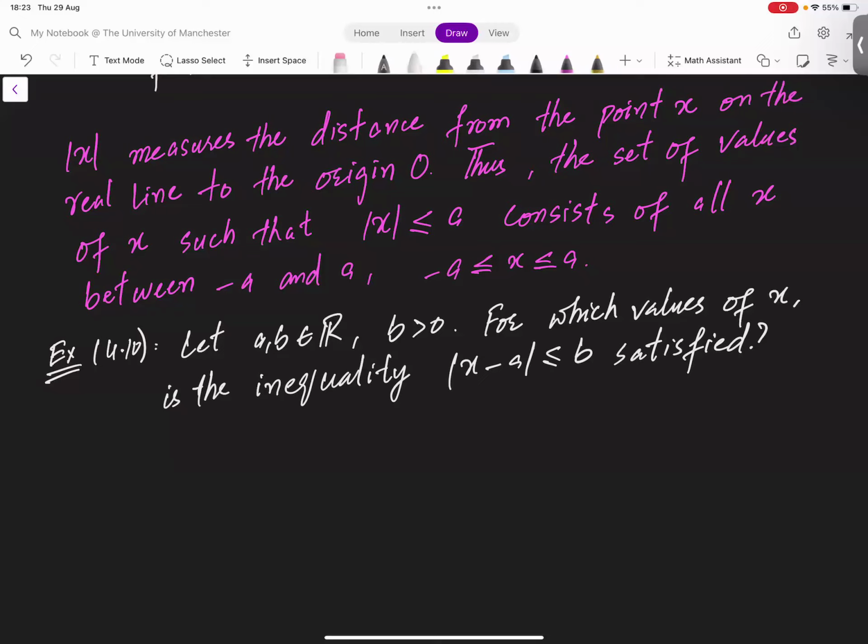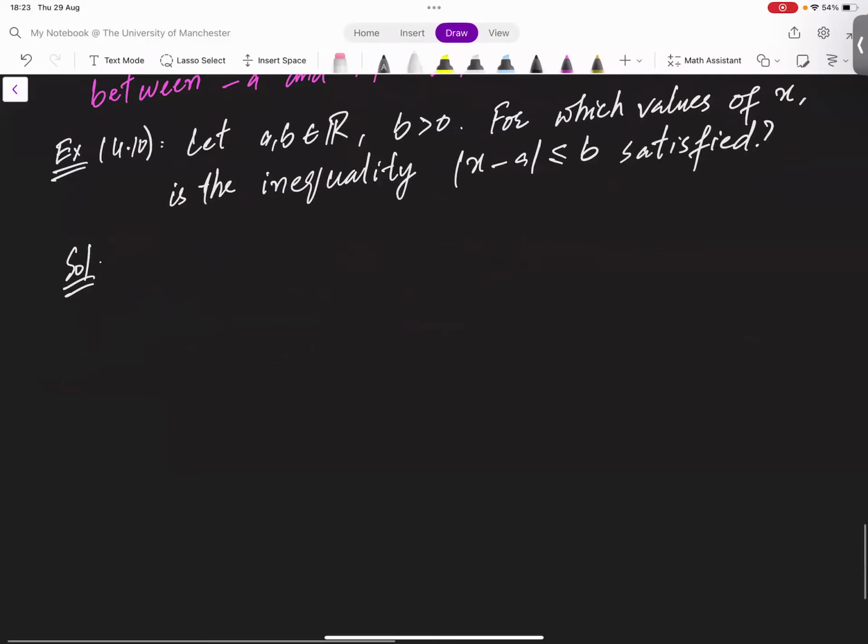So to show that, let's find out the solution. When x is greater than or equal to a, we get x minus a is less than or equal to b, that is, x is less than or equal to a plus b.